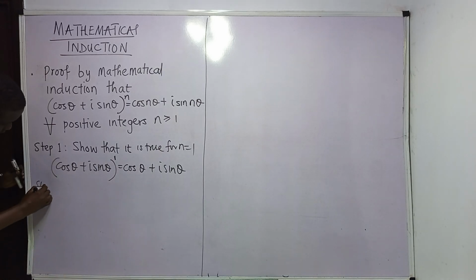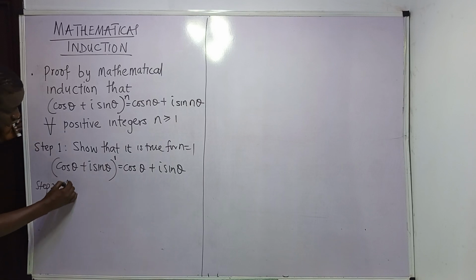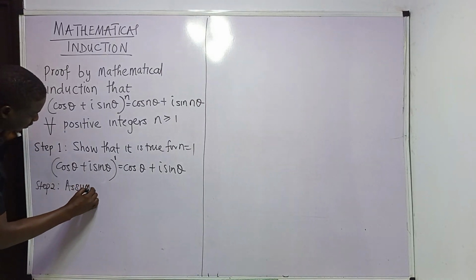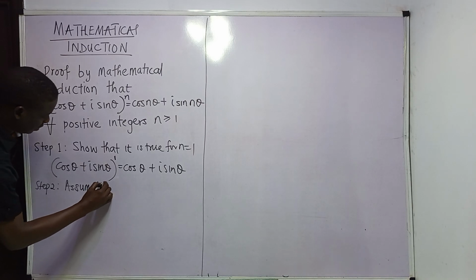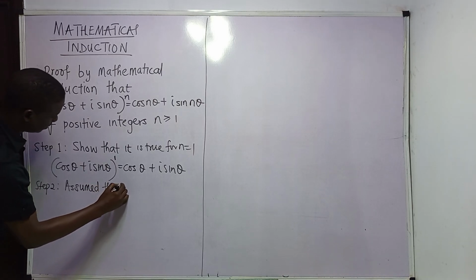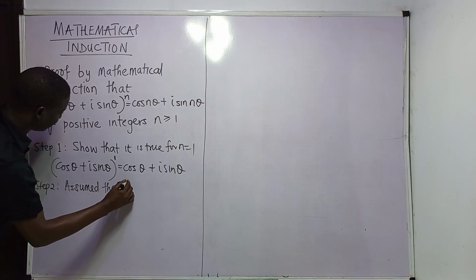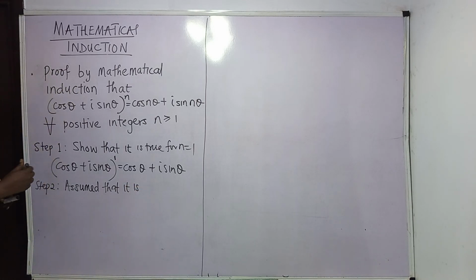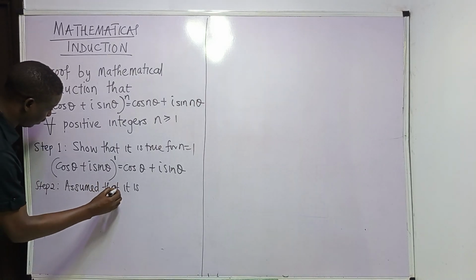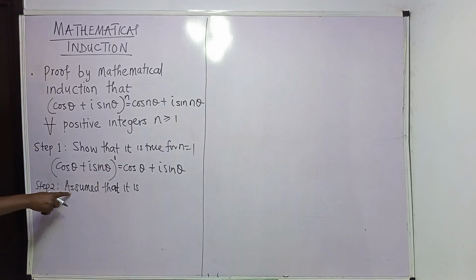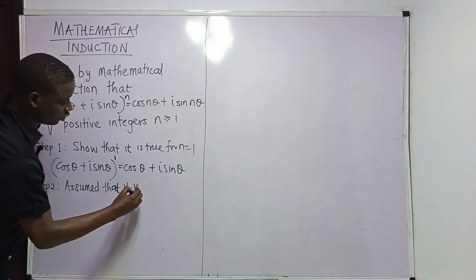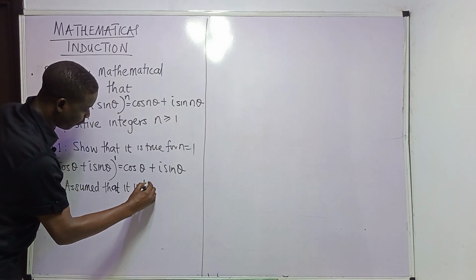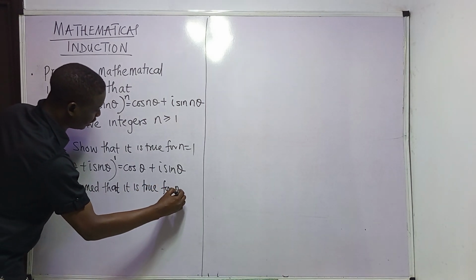Step 2. Step 2 is: assume that it is true. We assume based on what? Step 1. If step 1 does not hold, you cannot go to step 2. Assume that it is true for n equal to k.